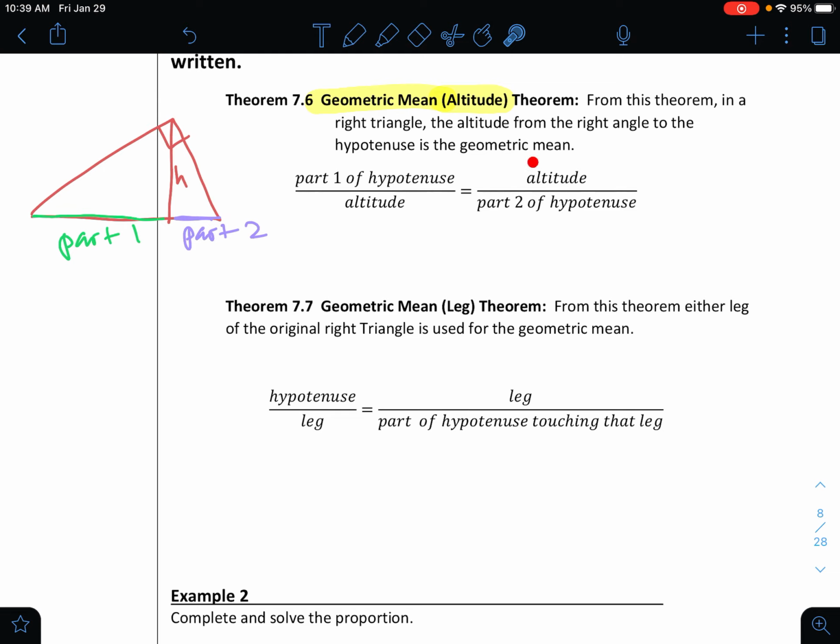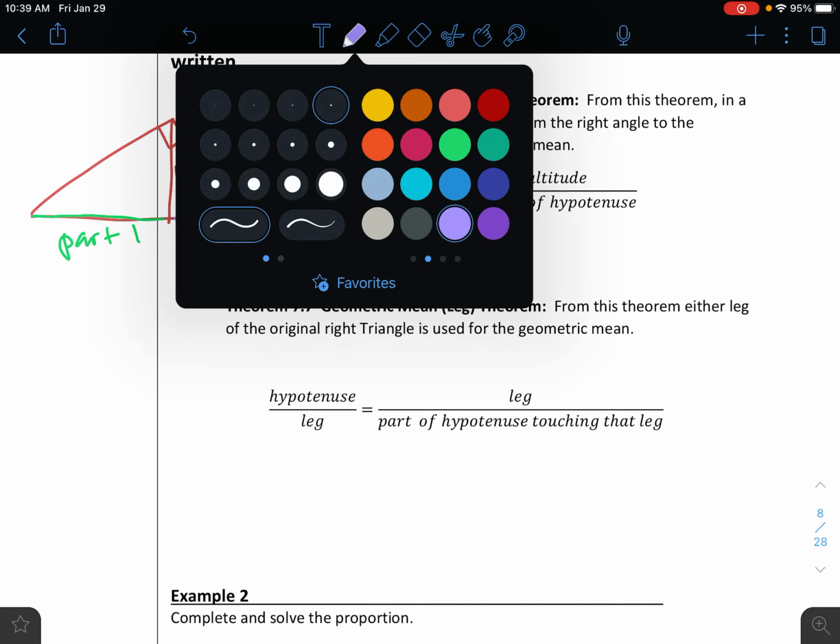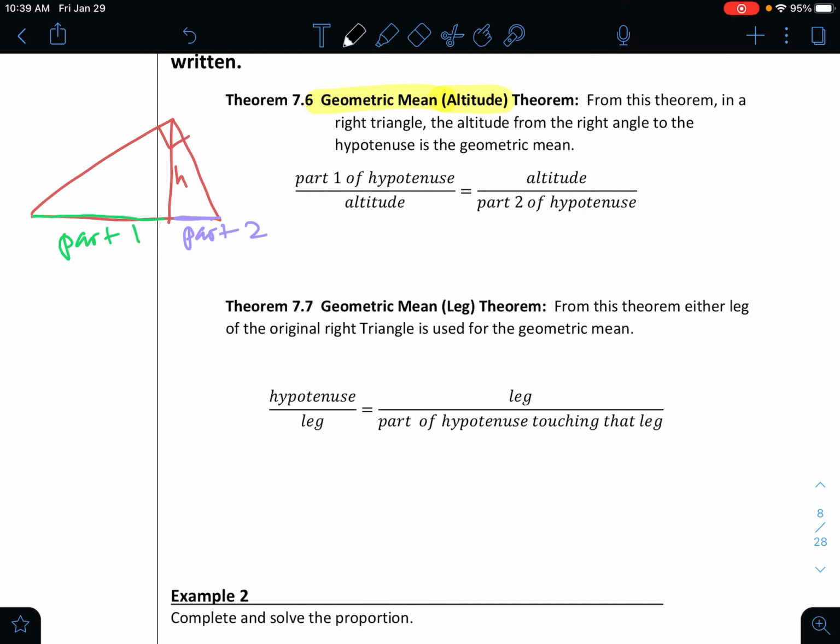So the same number is going to be in two ratios, with part 1 of the hypotenuse in one ratio and part 2 in the other. Let's say part 1 of the hypotenuse is 5 and part 2 is 10, so the whole thing is 15. My setup might be 5 over h equals h over 10, and I want to find what number satisfies that ratio.